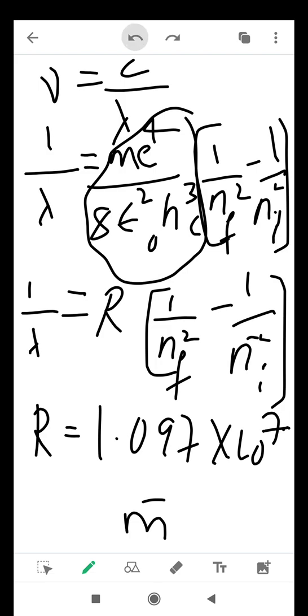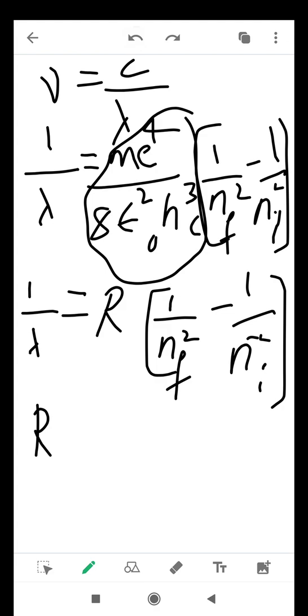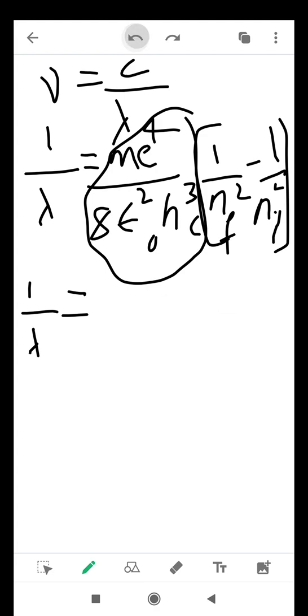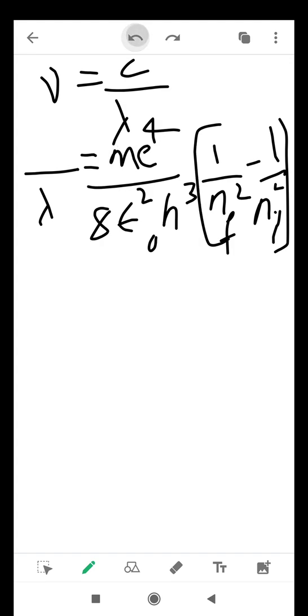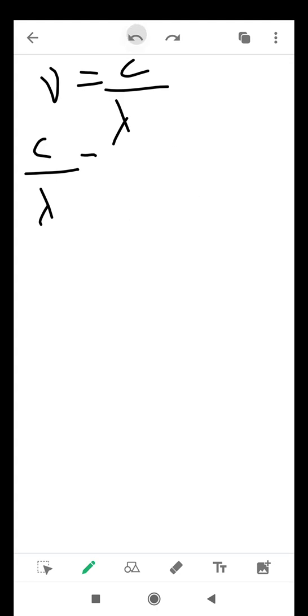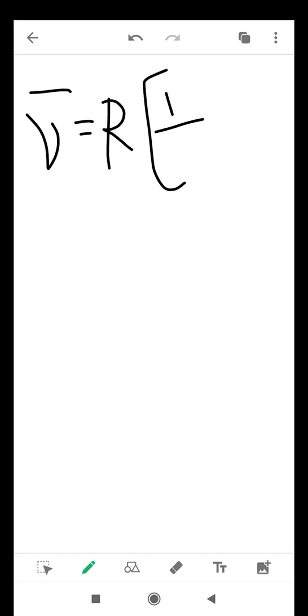Also we can find the wave number. So 1 by lambda can be considered as nu bar or wave number. So therefore wave number can be determined using the expression nu bar is equal to R times of 1 divided by n_f square minus 1 divided by n_i square.